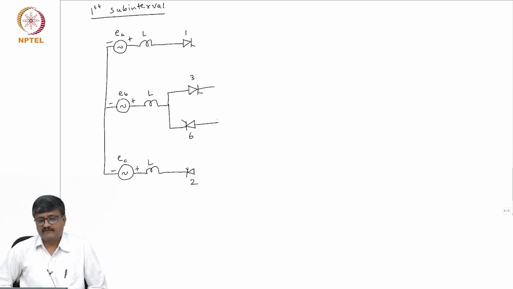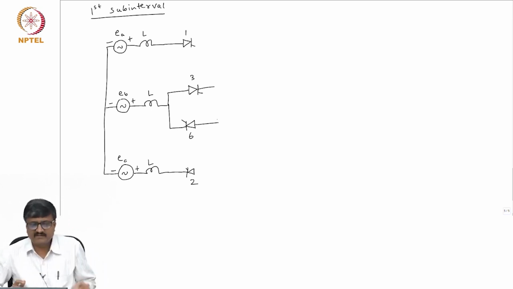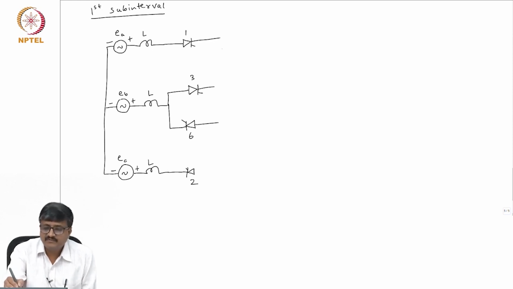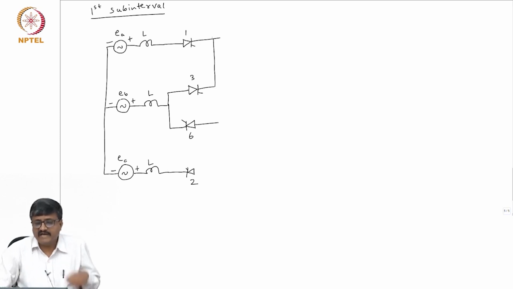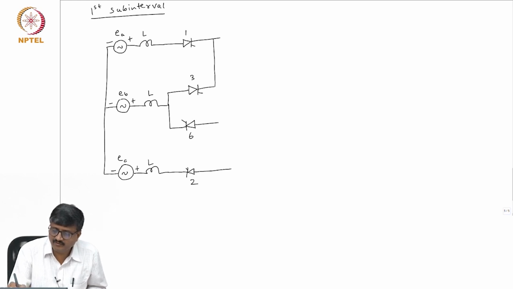The anode of 3 is connected to the cathode of 6. Okay. Now, the cathodes of 1 and 3 are at the same potential. So, this is connected to the cathode. The anode of 6 is connected to the anode of 2, because all the anodes of 2, 4 and 6 are at the same potential.